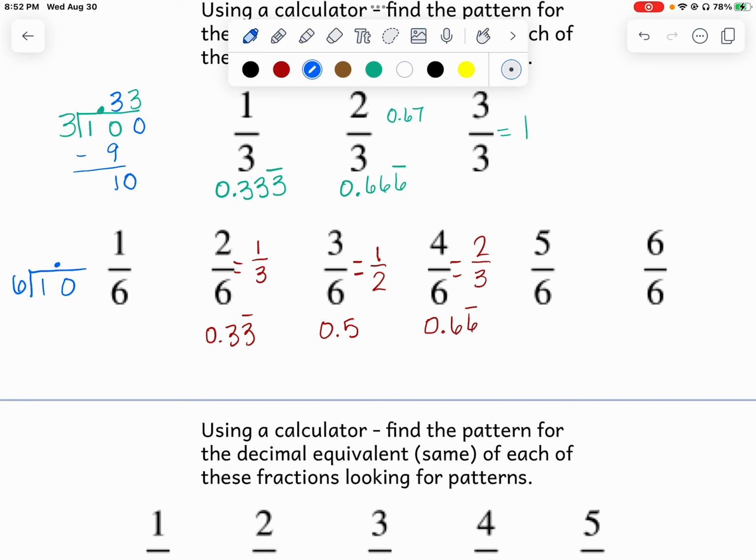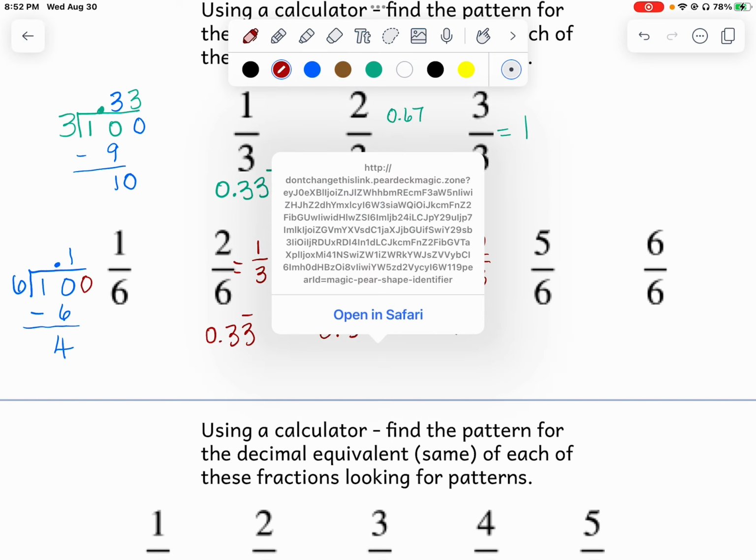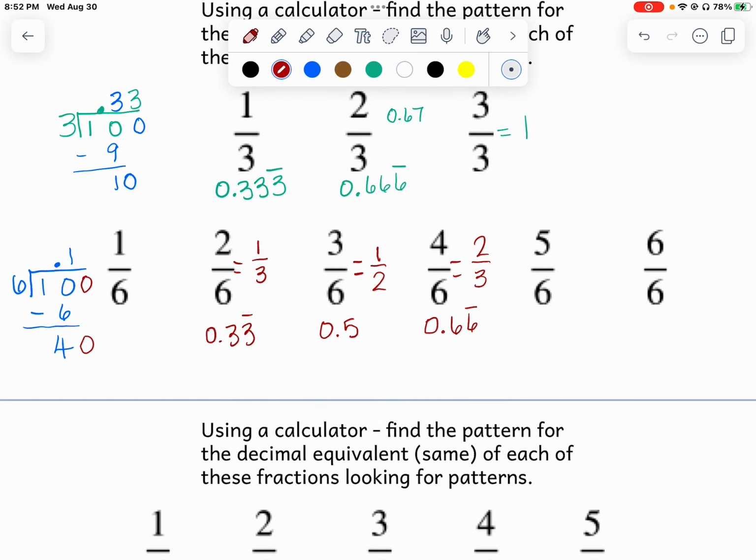6 goes into 10. You can pull out one group of 6, subtract the 6, and then you get 4. So it's not going to be repeating with the 1. But if you add a 0 and bring down a 0, 6 times 5 is 30. 6 times 6 is 36. 6 times 7 is 42.